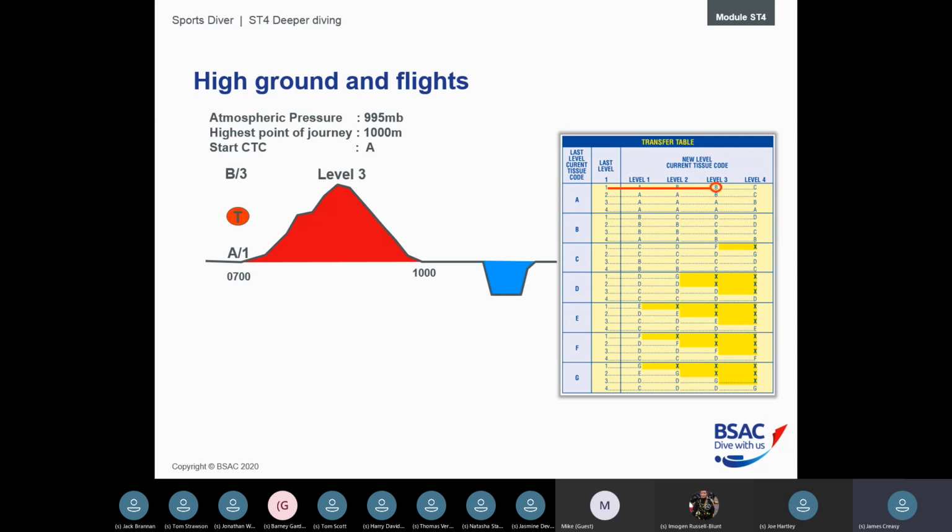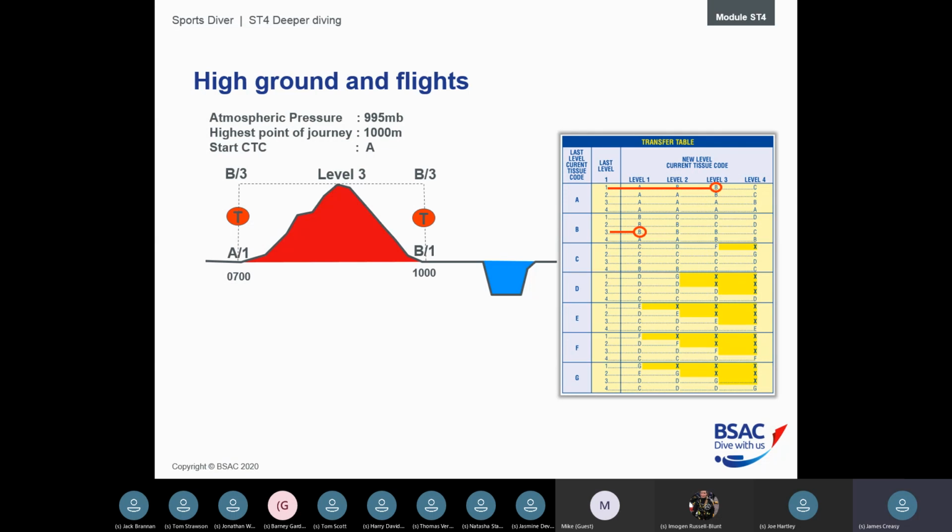And you can see that our tissue code is actually a B. So this would mean that we would have to use a table B when we get back. So we've come with our last level being a 3, so we've got a B3.